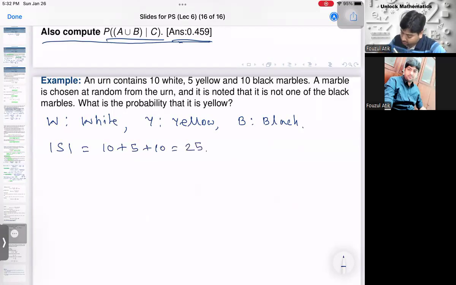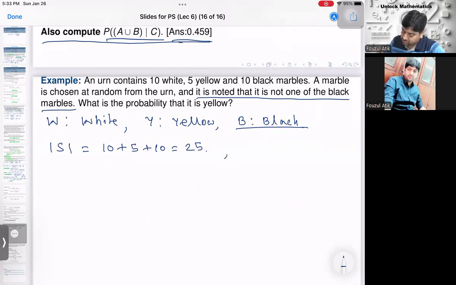Right? Also, here it asks that a marble is chosen at random from the urn, and it is noted that it is not one of the black marbles. That means it is the event B complement. If it is black, then it is the event B, so not black means B complement.